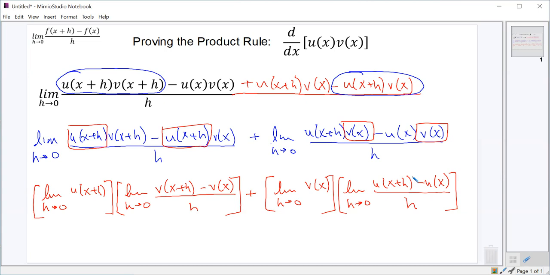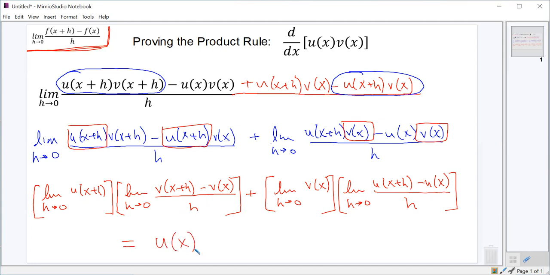The reason why we've chosen the h to go into the denominator here for the v of x plus h minus v of x and the u of x plus h minus u of x is because if we look back up here in the top corner, these look just like a difference quotient for v of x, and then the second one for u of x. So as h goes to 0, u of x plus h just becomes u of x.